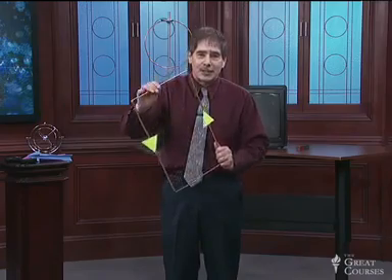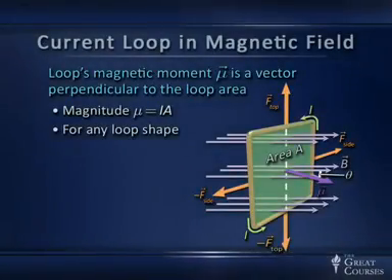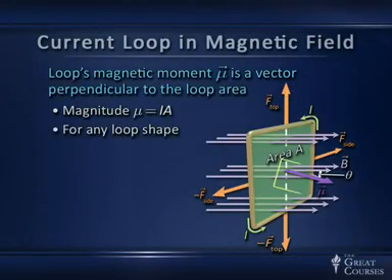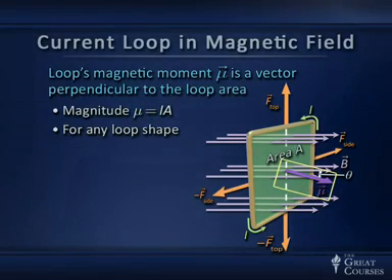Let's turn off the virtual magnetic field and talk a little bit more technically about this. We define the loop to have a magnetic moment vector, it's called. The magnetic moment vector is a vector perpendicular to the loop area, and its magnitude, mu, the Greek mu, is the current in the loop times the area of the loop, and this turns out to be true for any loop shape.